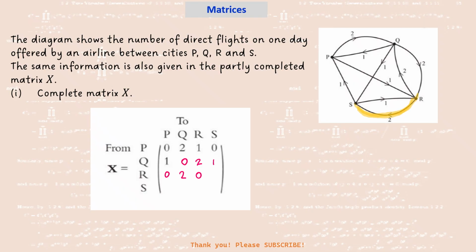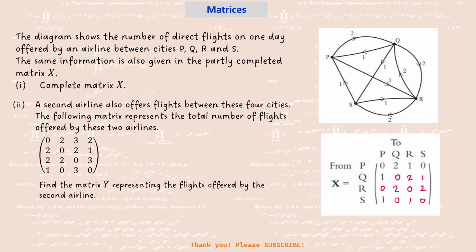And then S to P is 1, and S to Q would be 0, and S to R would also be 1, and S to S will obviously be 0. So that completes the matrix X.